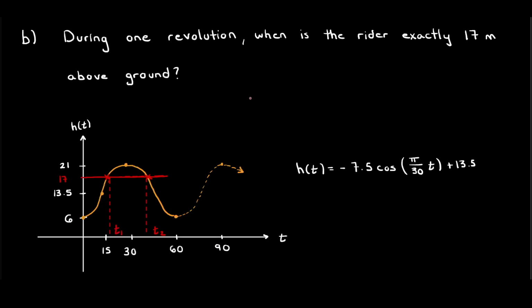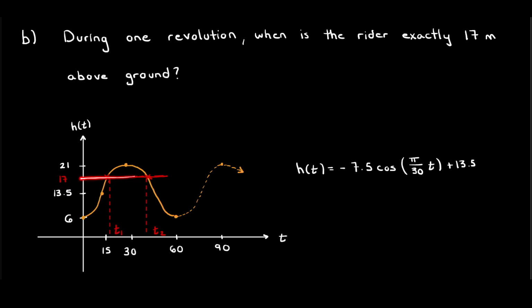Okay, so now let's take a look at the next part of this problem, which is saying that during the first revolution of the Ferris wheel, when is the rider exactly 17 meters above ground? Let's take a look at our graph from the previous problem. What we're being asked is, when is the height equal to 17 meters?